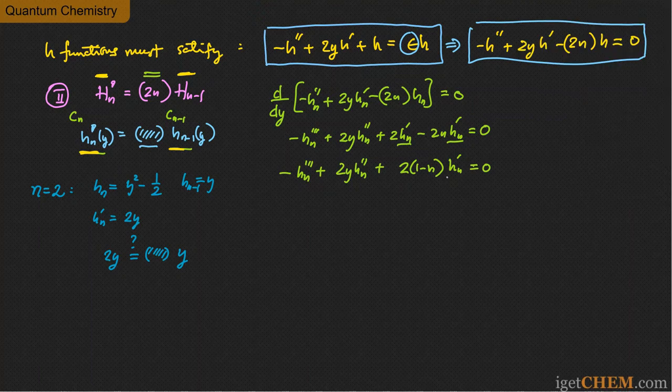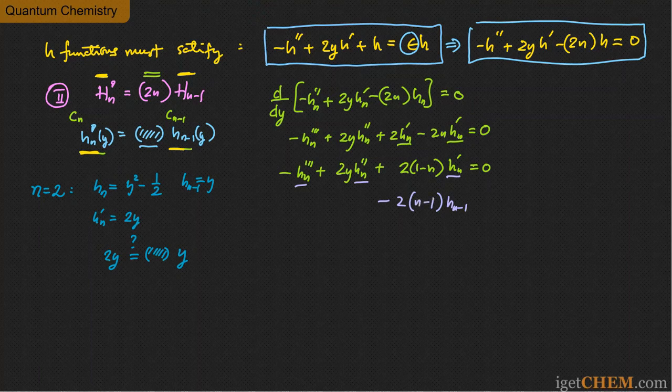So now you see that there's hn single prime, hn double prime, hn triple prime. So if in fact hn prime is equal to something times hn minus 1, I can essentially just replace this by hn minus 1, and this would be multiplied by 2, let me reverse the sign there, so minus (n minus 1).